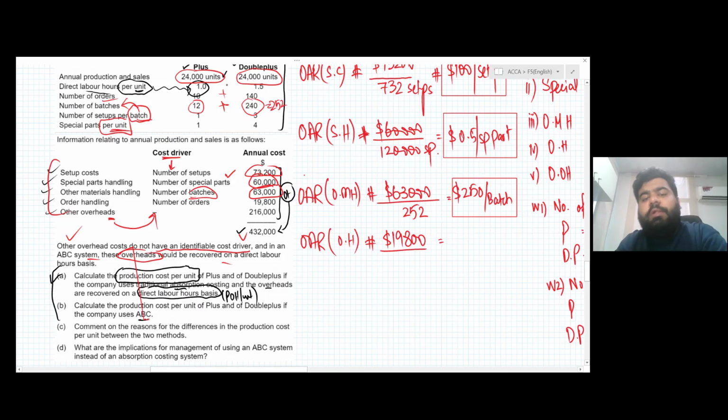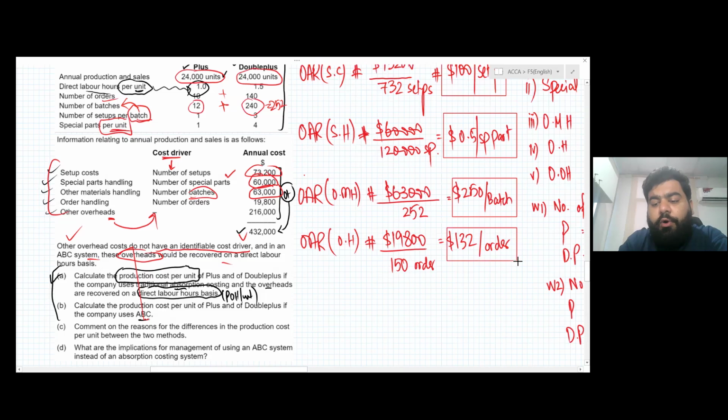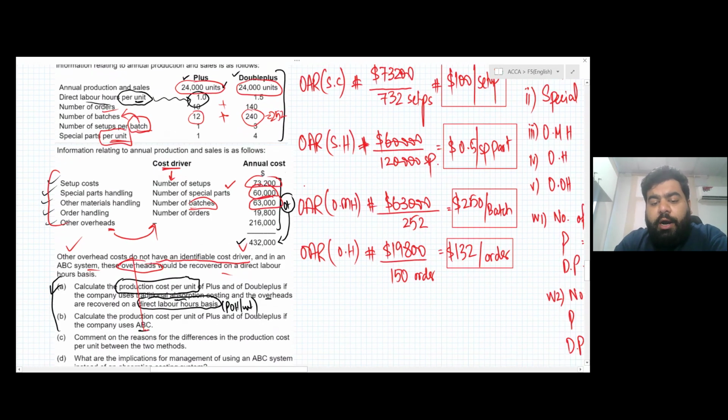It's not number of orders per this, no, number of orders only. 10 plus 140, it will be 150 orders. So 19,800 divided by 150 will be 132. $132 per order. So these are all the OARs we have calculated.